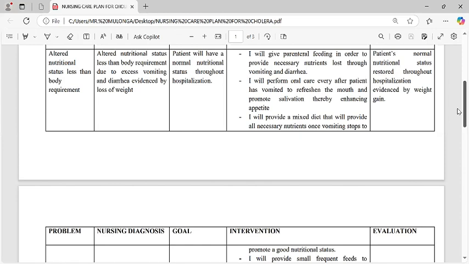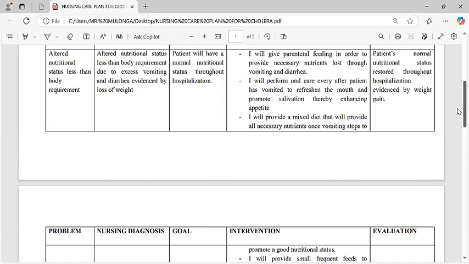Our goal will be: patient will have a normal nutritional status throughout hospitalization. So what we want to do is to maintain a good or normal nutritional status throughout hospitalization. Then from there, we look at our interventions.